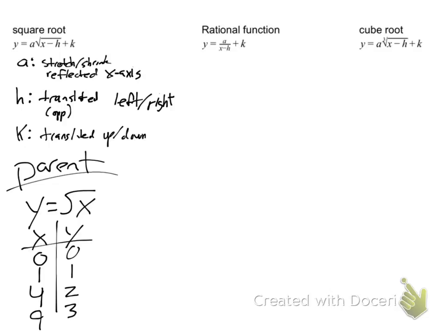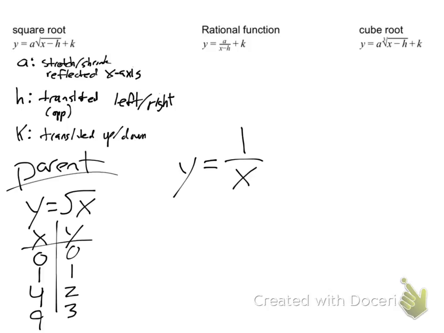What about the rational function? Where do you think that one is? Y equals a over x. What would be left if you took the a away? A 1. This is the parent for the rational function. Hey, wait a minute. We've graphed those before. There's something special about those graphs.